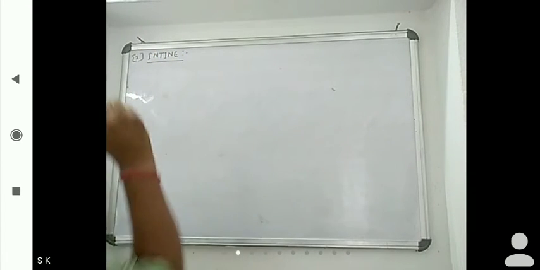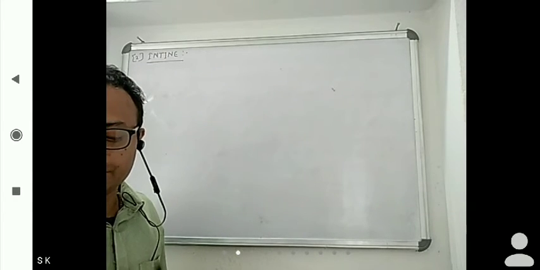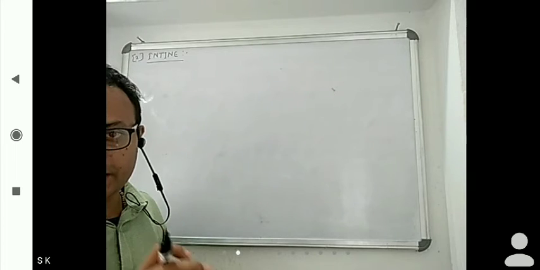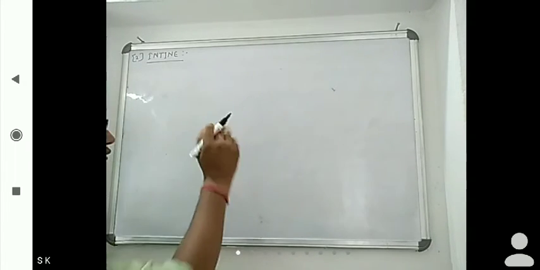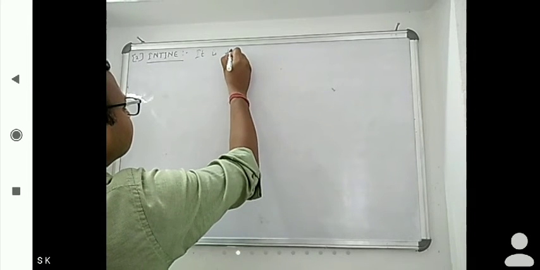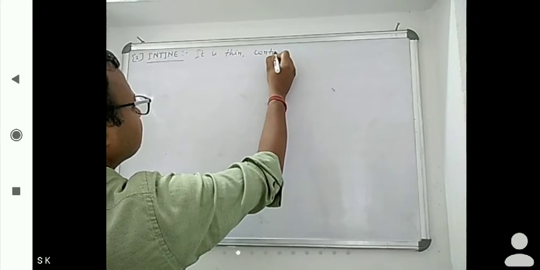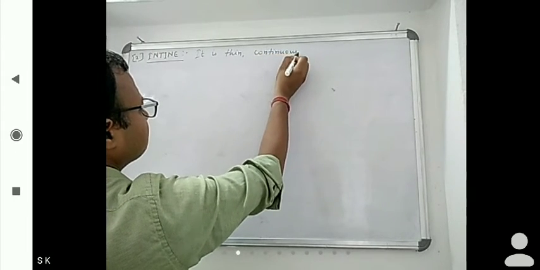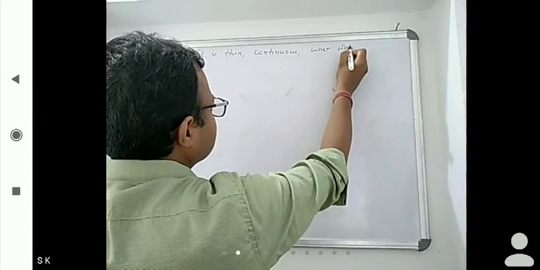Now in exine what we saw, that exine was made up of sporopollenin, but intine is what? It is a thin, continuous inner wall of pollen grain.